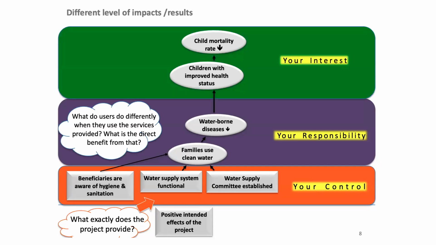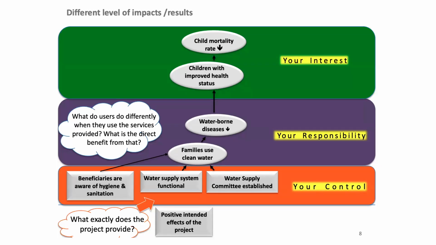We have an interest that children have an improved health status. Our water project is just one factor among others. We have seen it's also a question of good food, of vaccination, of psychosocial care, and so on. But since we are not starting activities for improving all these different factors, we will just contribute with our project to the changes in this area of interest, but we cannot be held fully responsible for this.